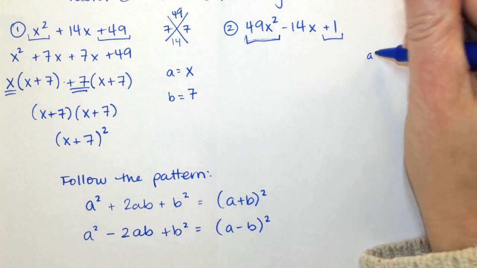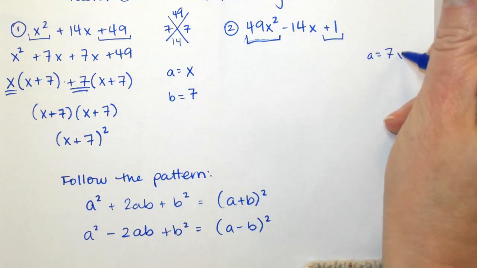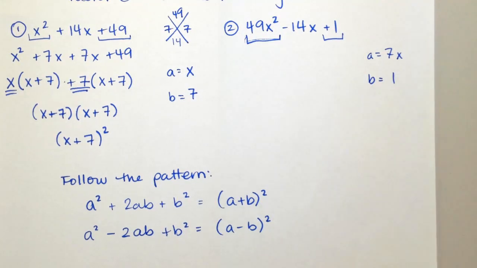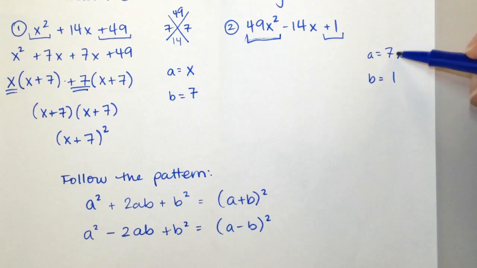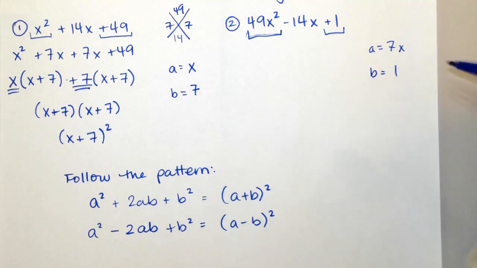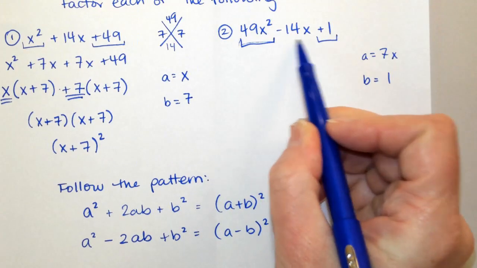So I can take the square root of my first term, so the square root of 49x squared would be 7x. I can take the square root of my last term, which would be 1, and then I would just check, does it follow the pattern in the middle? So if I multiply these together and then multiply them by -2, do I get this middle term? So 7x times 1 is 7x, times -2 would be -14x.